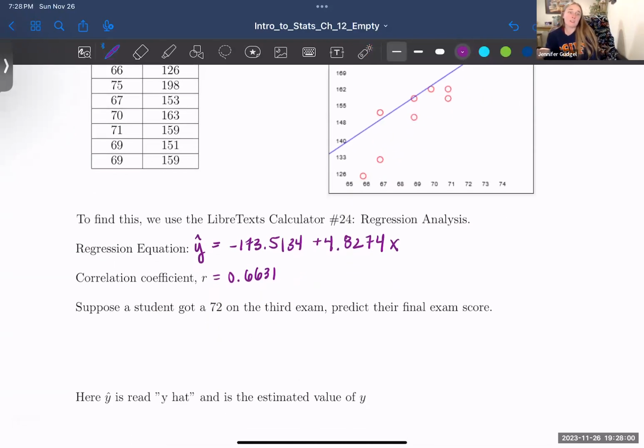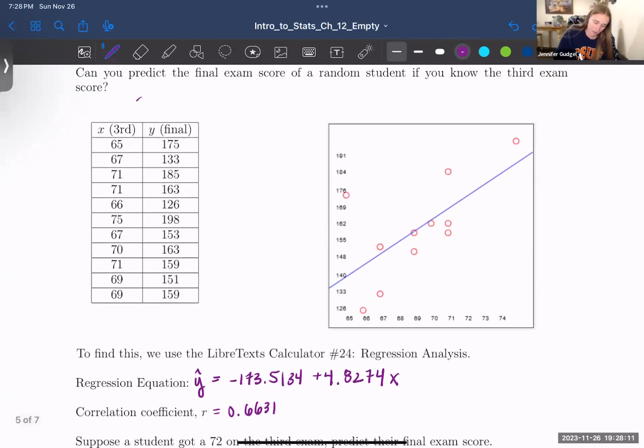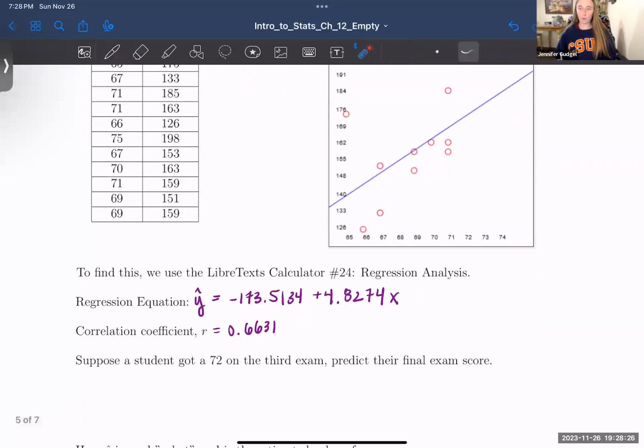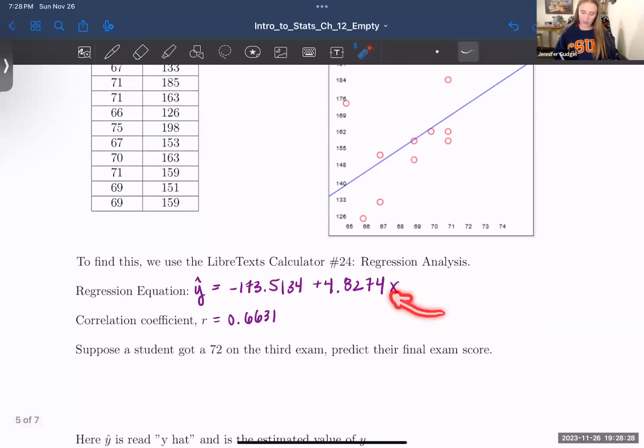With that, we can still estimate, we can still use it to calculate a value. So that's what we're going to do here. It says, suppose a student got a 72 on the third exam. X is third exam. Y is final exam. In this equation that the calculator just created for us, the X is the third exam score.